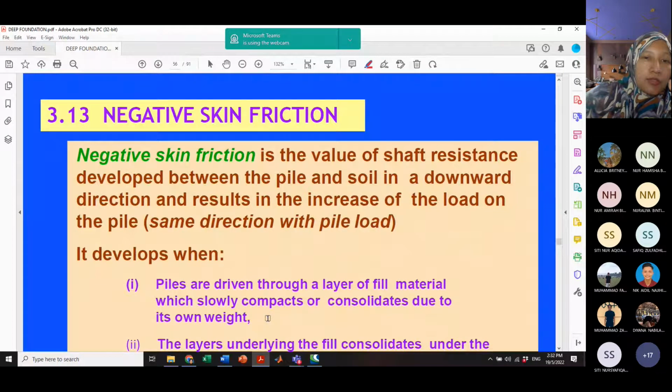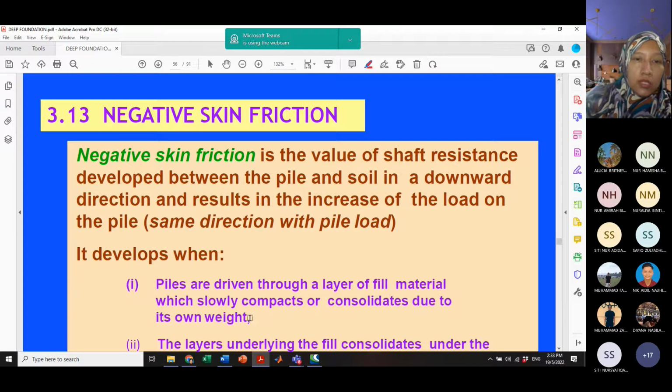Okay, the negative skin friction. As I explained, normally bila kita penetrate pile into the ground, so kita akan nampak the skin frictions will resist the movement of the pile penetrations in opposite directions. Kalau kata pile you moving downward, nanti skin friction yang terhasil tu dia akan bagi daya ke atas.